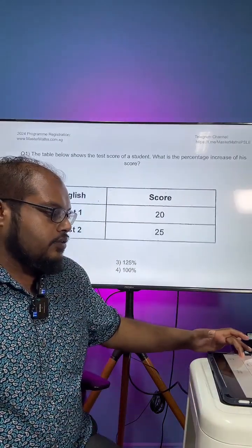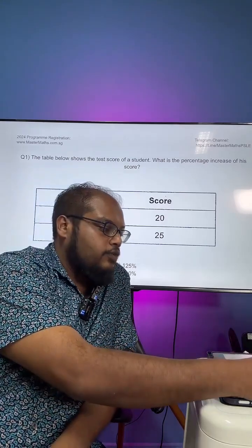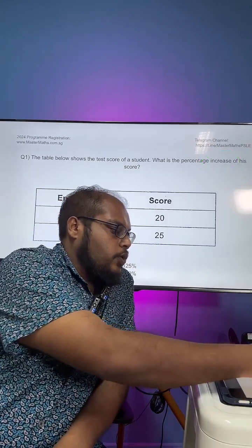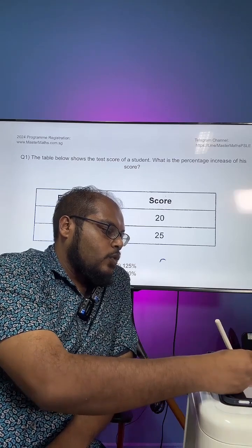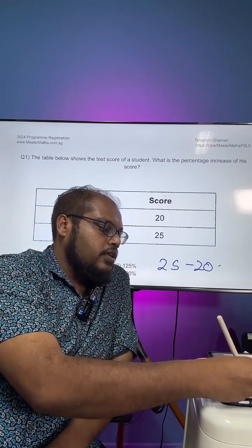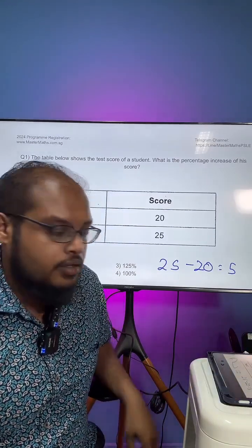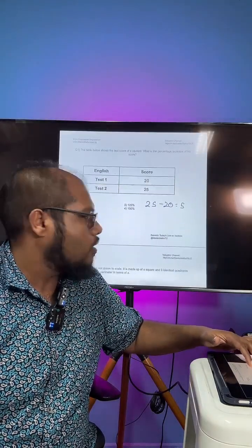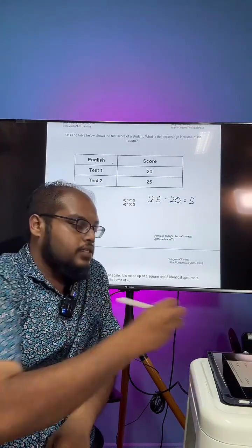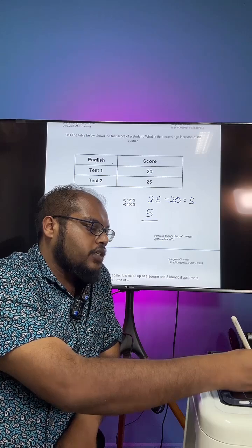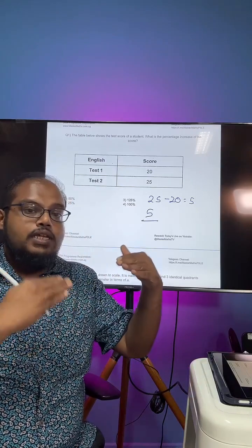So here, whenever they ask you for percentage increase, you find the increase. From 25 minus 20 gives you 5. That is the increase. Then make it over the original score, because it increased from test 1 to test 2, from 20 to 25.